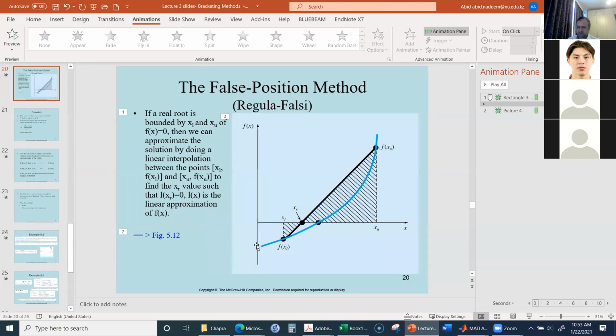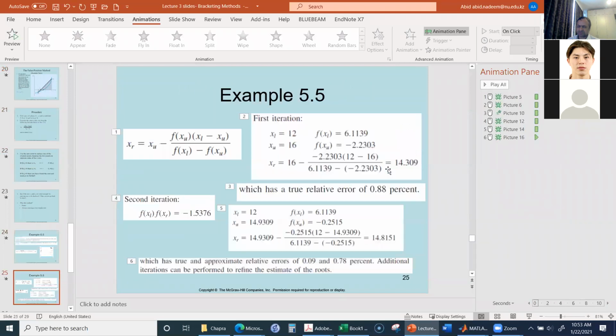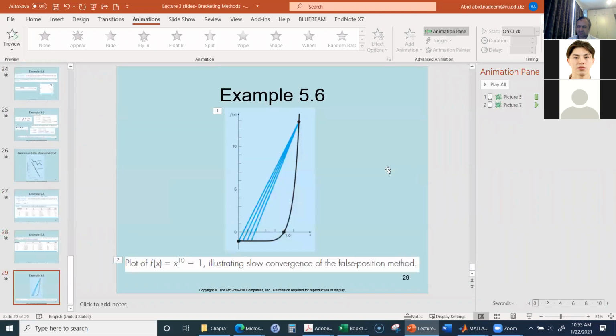Yes. For this kind of function where the slope is gradually increasing, the false position method will give you good results. But when initially the slope is quite flat and then it increases very rapidly, then the false position method will not give you good results. You are correct.